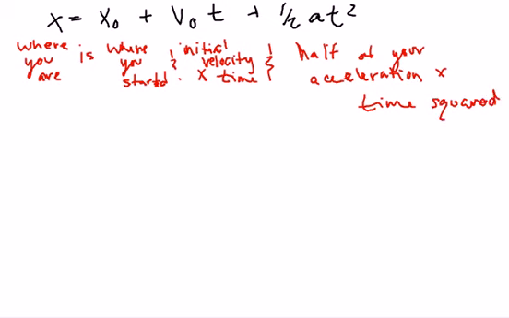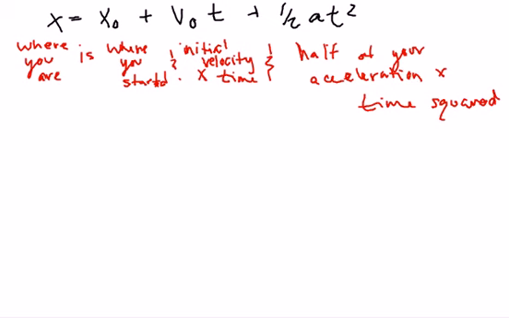So hopefully this makes a bit of sense in the idea that where you are is dependent on where you started, how fast you were going and how long you went that fast for, and then how much you accelerated or decelerated.